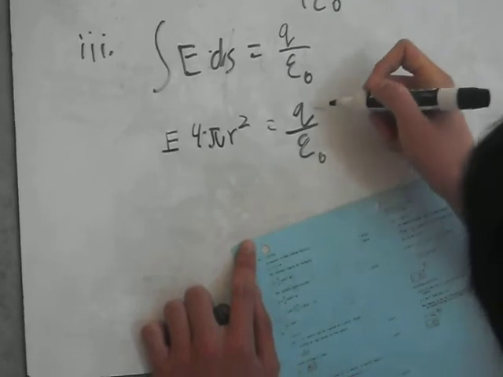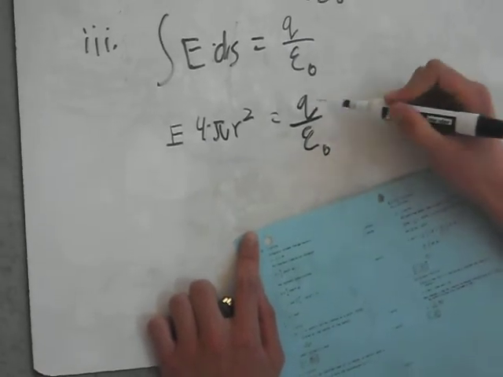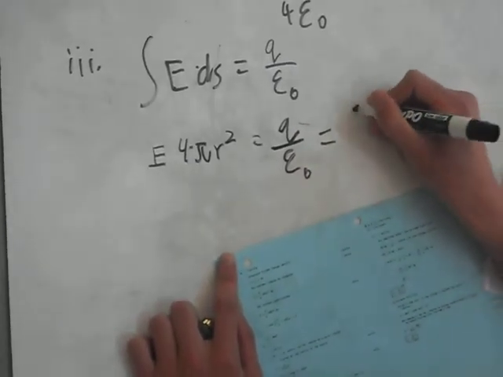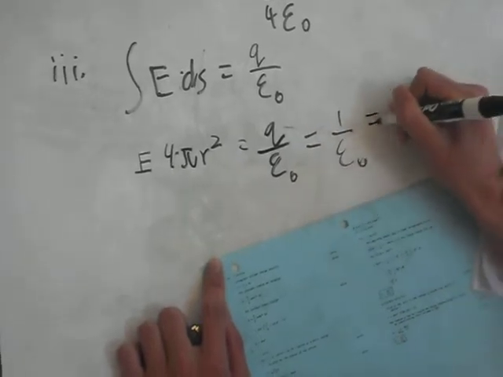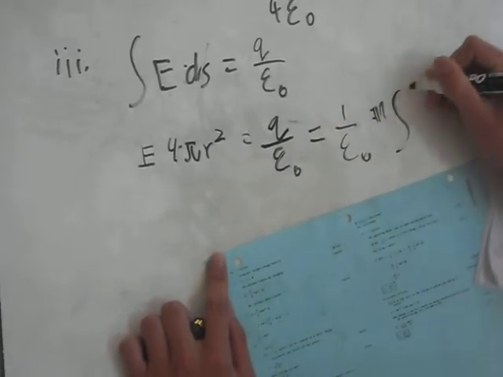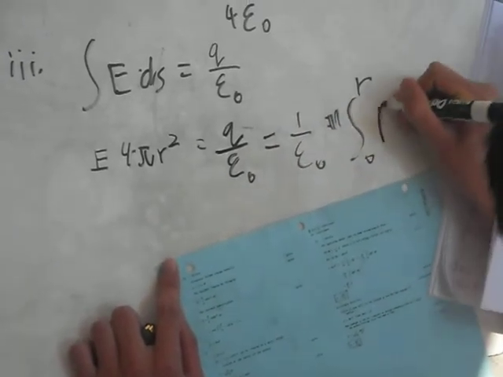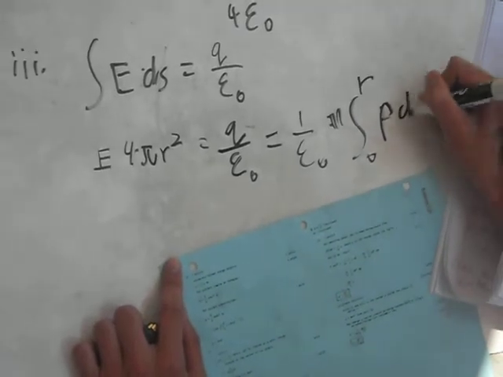And then to find the Q, you need to use an integral again. So you do 1 over epsilon naught times the integral from r to 0 of the charge density times dV.